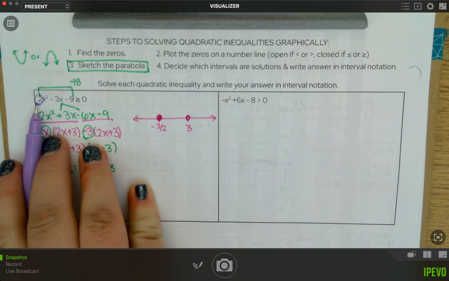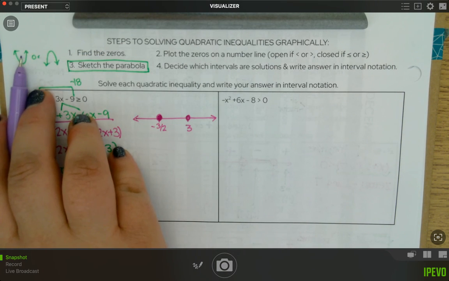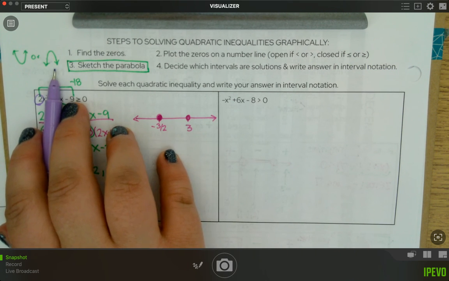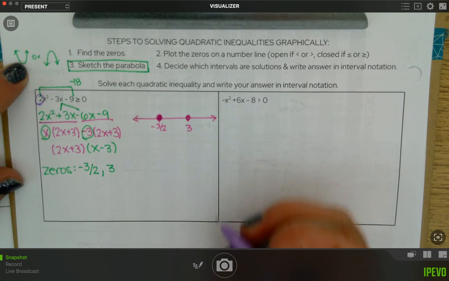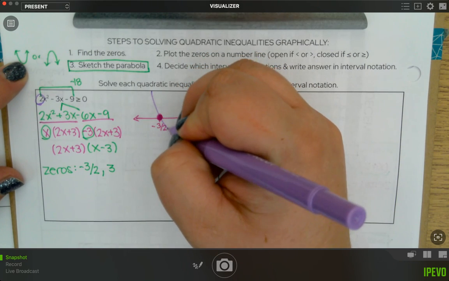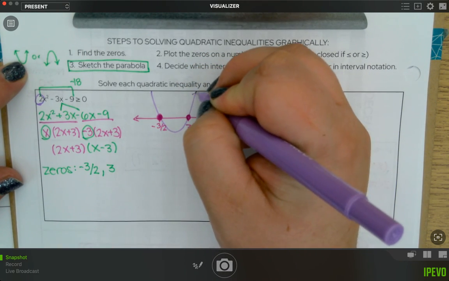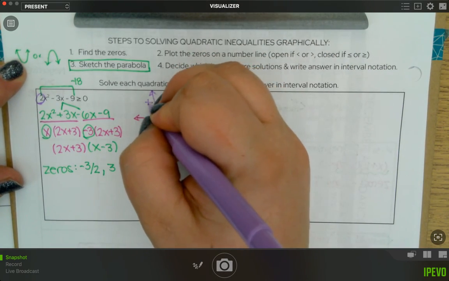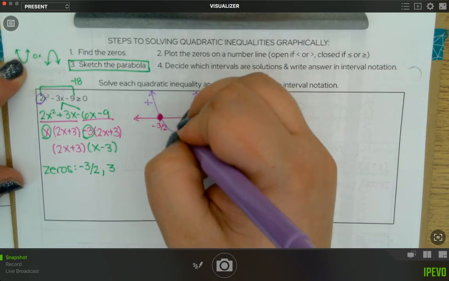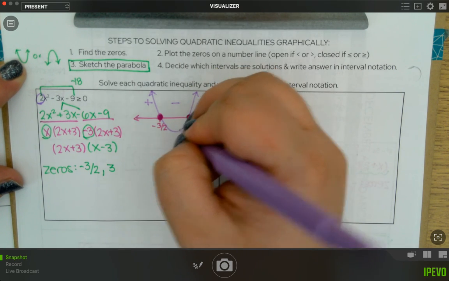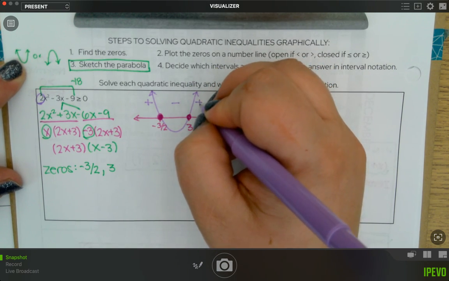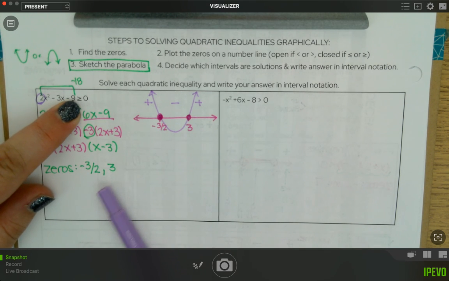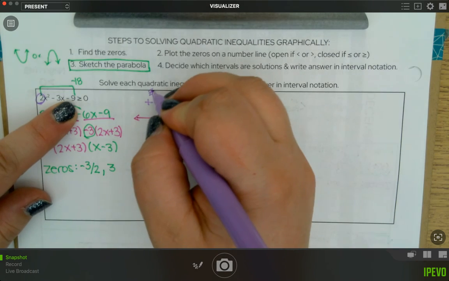If this number is positive, the graph goes up like this. If this number is negative, then the graph goes down like this. Since it's positive, it's going to do this. So I'm just going to draw a parabola through these. And that basically tells you that this section is positive because it's above, this section is negative because it's below, and this section is positive because it's above. And since this says greater than or equal to, we want these parts.